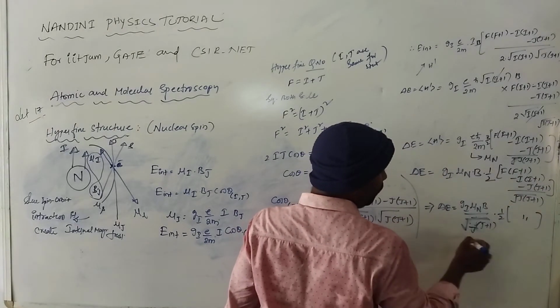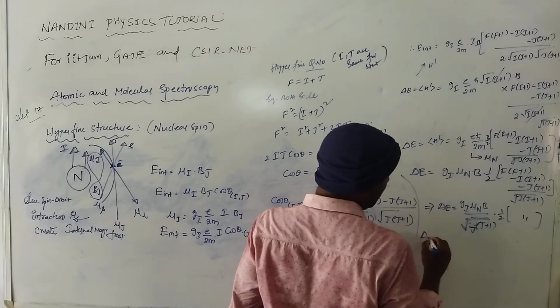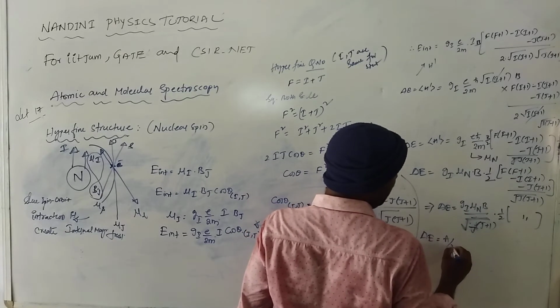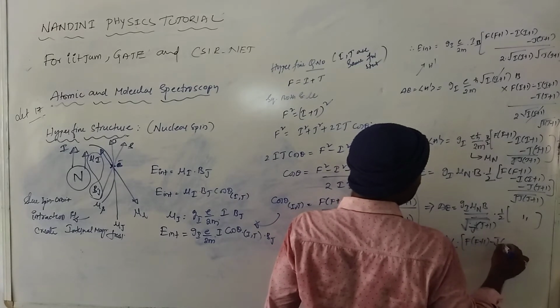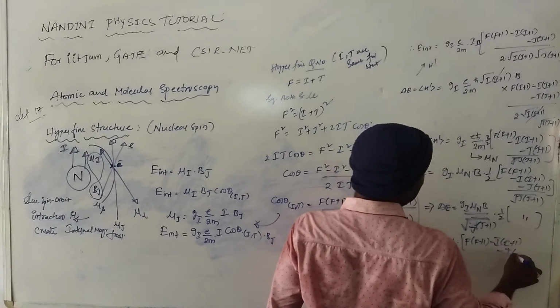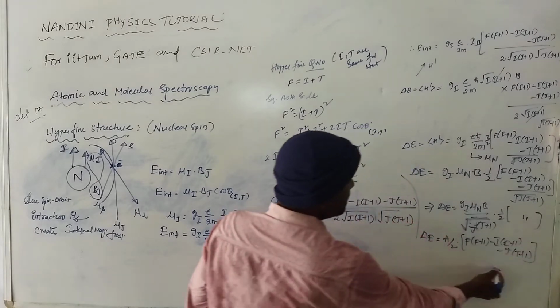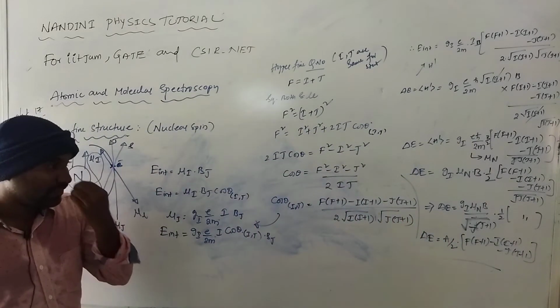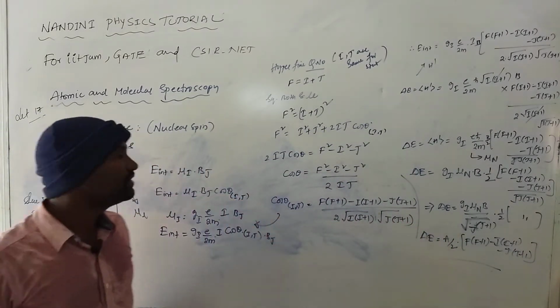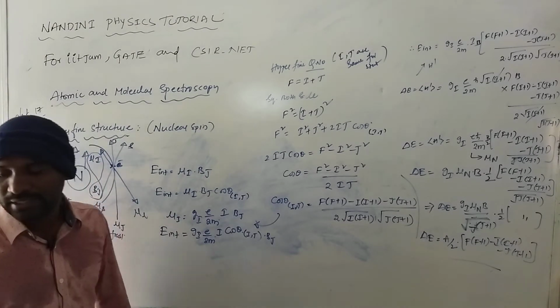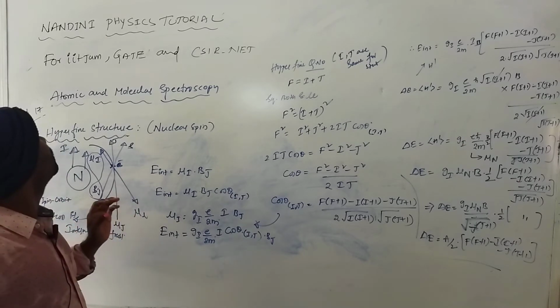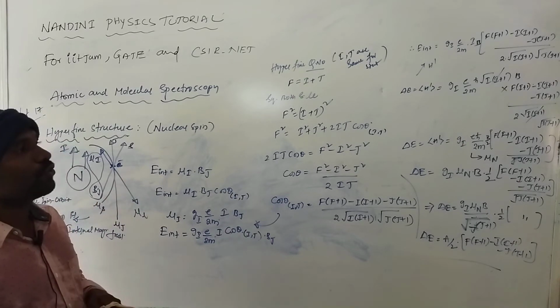Okay. So, therefore, you will write this equation: capital A, delta E is equal to capital A by 2 into f plus 1 minus I into I plus 1 minus j into j plus 1. Understand? So, this is about finally the interaction energy in hyperfine structure. Understand everybody? So, this is the theory about atomic and molecular spectroscopy.